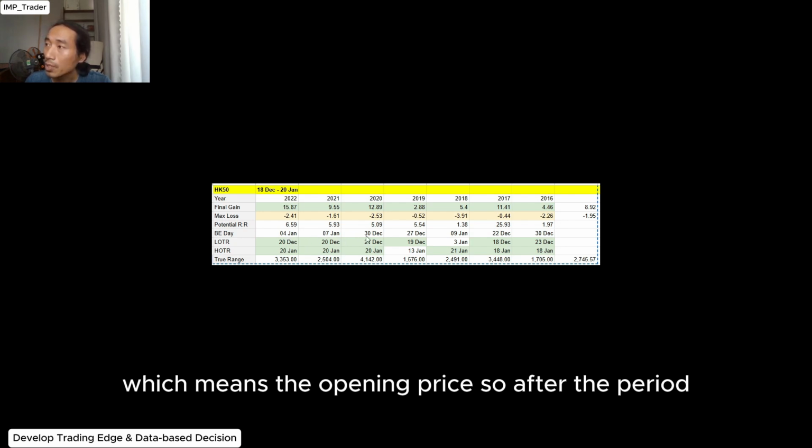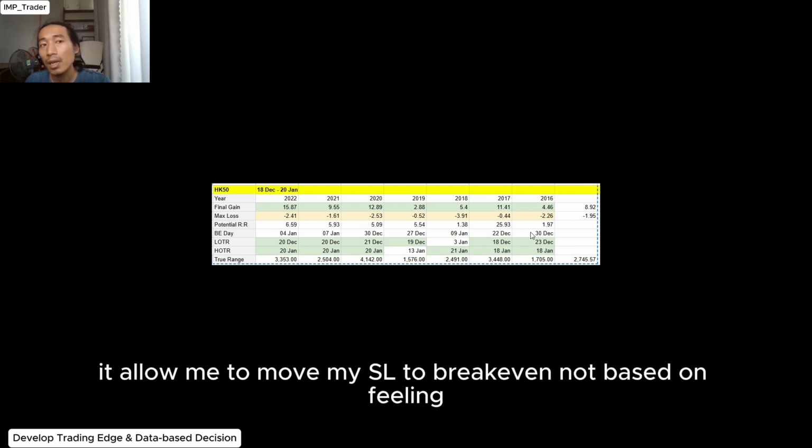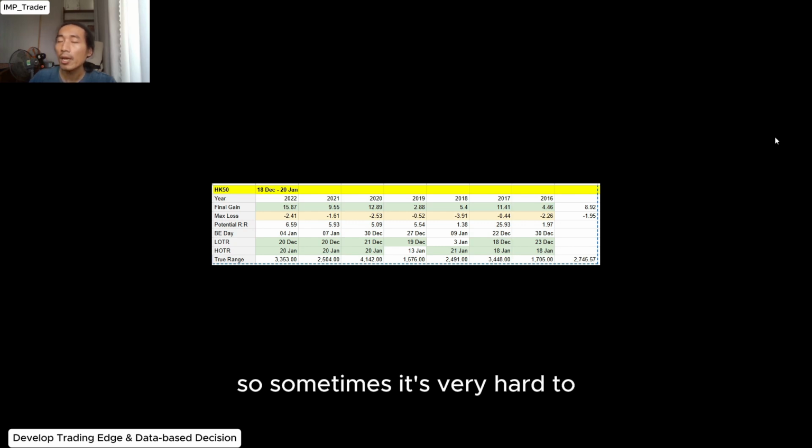So after the period, if I found some kind of similarity or some kind of range, it allowed me to move my stop loss to break even, not based on feeling, but based on data and based on timing with a statistical edge as well.